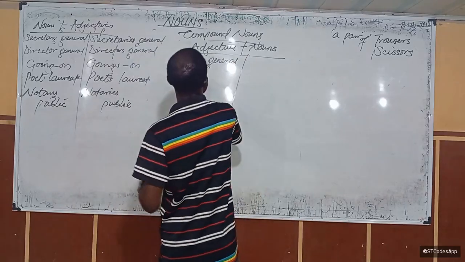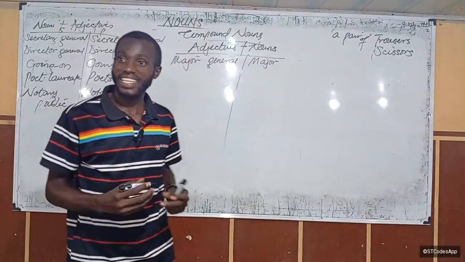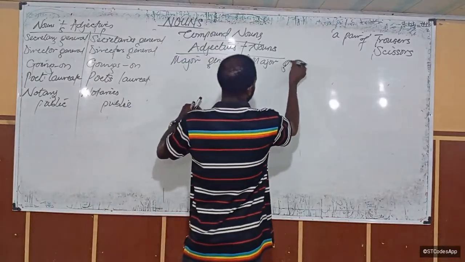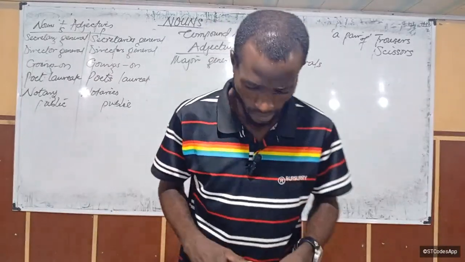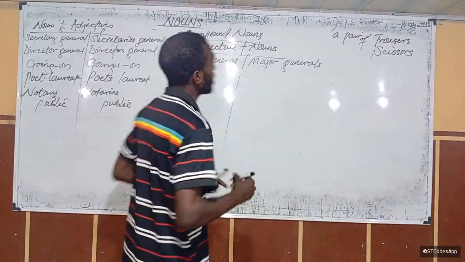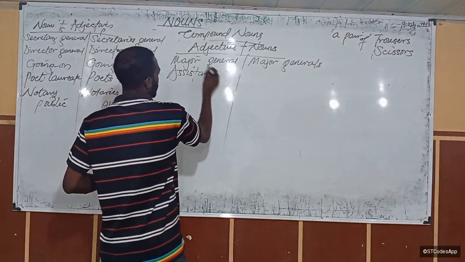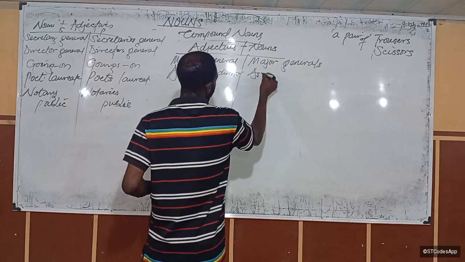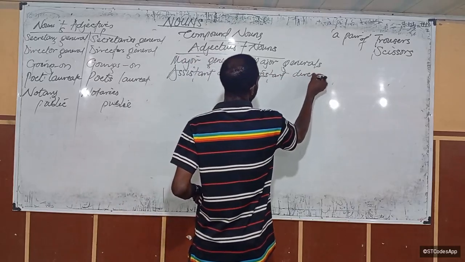What would that become? Major general. Because here, general is a position, so it's a noun. So it's going to be major generals. The next one, we have assistant director. What would I give you? Assistant directors. Not assistants director, assistant directors.